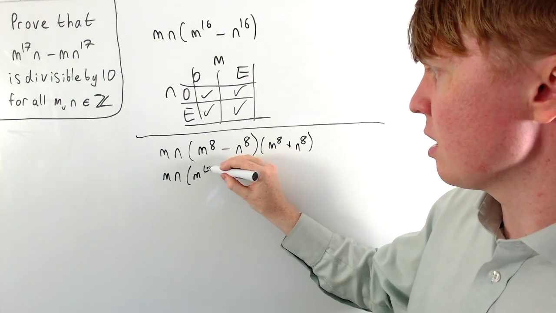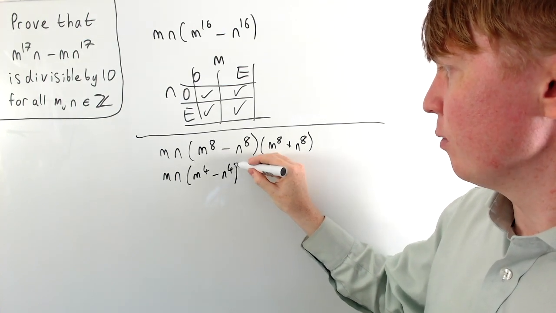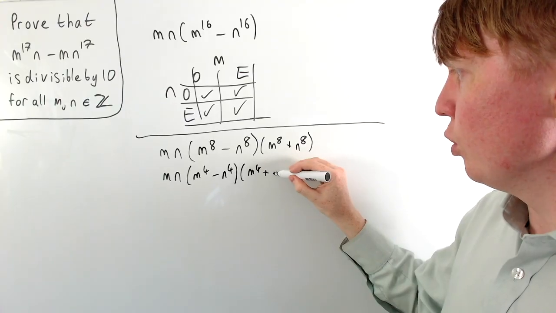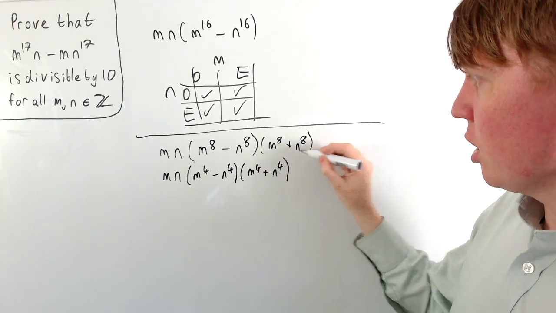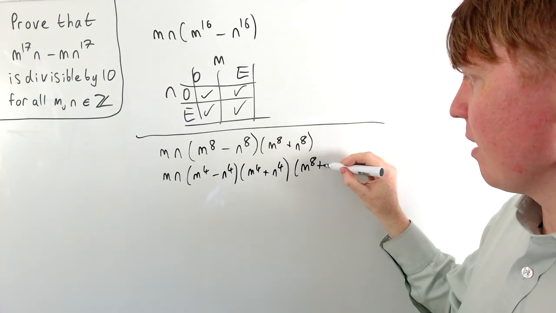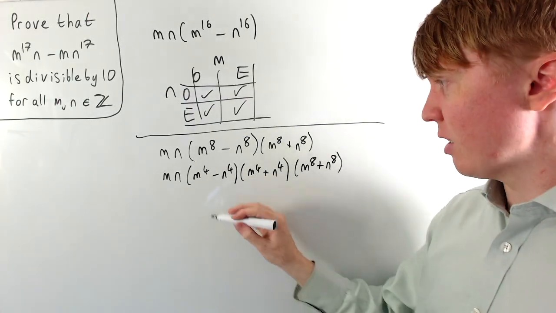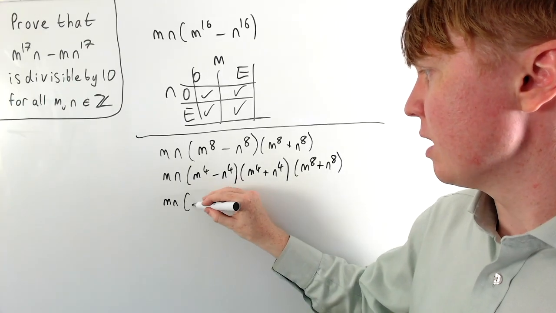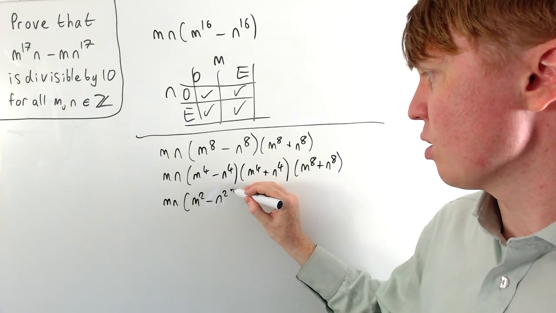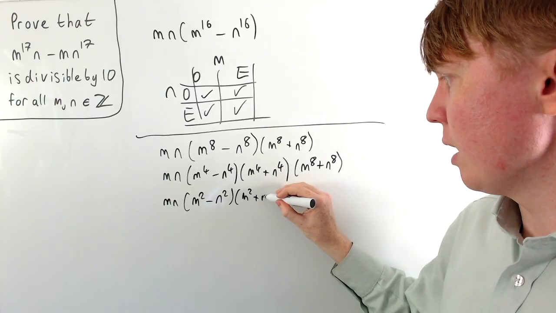We can write this as m to the 4 minus n to the 4 times m to the 4 plus n to the 4. And we still need to multiply all of this by m to the 8 plus n to the 8. And we can keep going like this with m to the 4 minus n to the 4, which factorises as m squared minus n squared times m squared plus n squared.